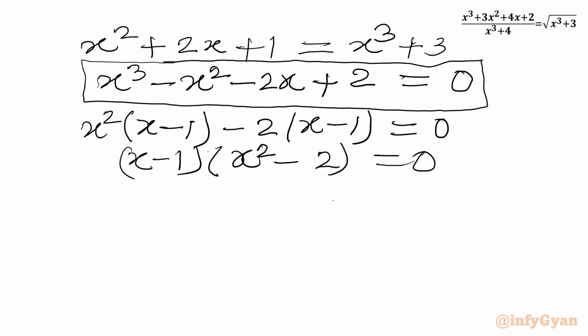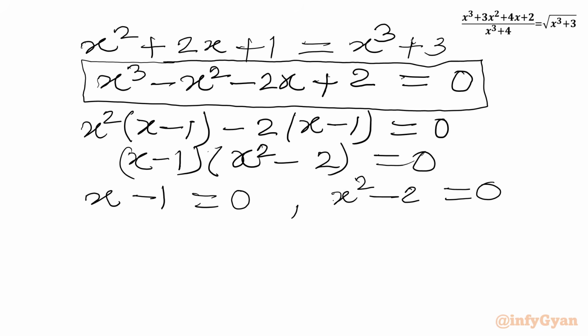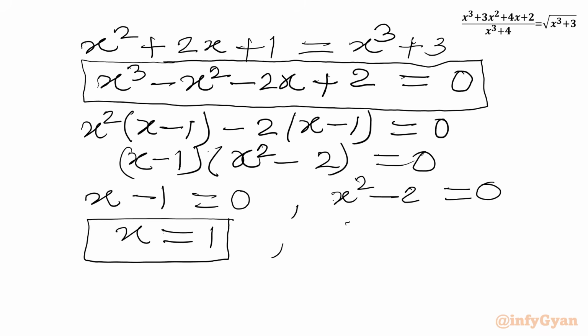Using product 0 rule, we will get either x minus 1 equal to 0 or x square minus 2 equal to 0. So from first equation, by adding 1 both sides, we are going to get first real x. It is x equal to 1. Now we will add 2 to both sides here. We will get x square is equal to 2.